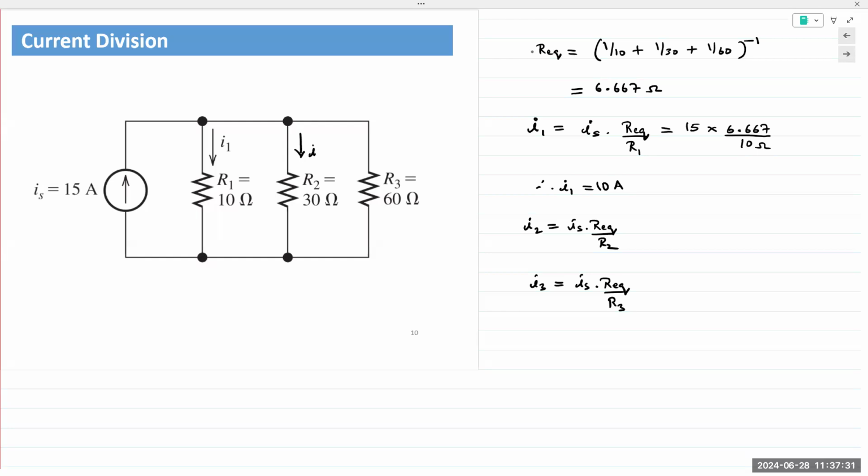So let's say this is I2 and this is I3. R2 is three times as much as R1. So 30 is 3 times 10. So current I2 would be one third of I1. So it'd be 3.333 amps. So if you do the calculation for I2, you should obtain 3.33.